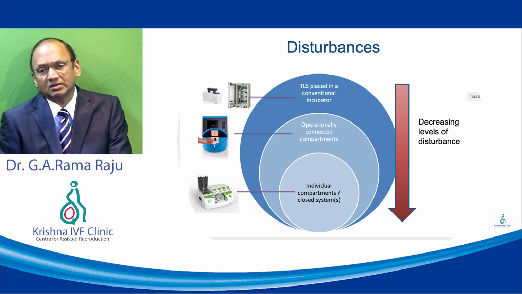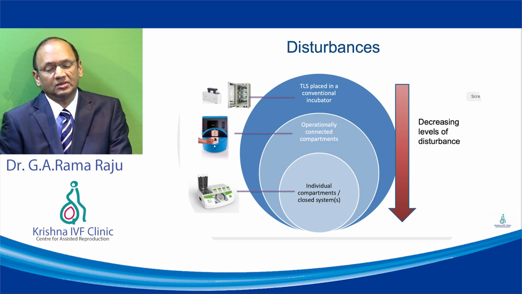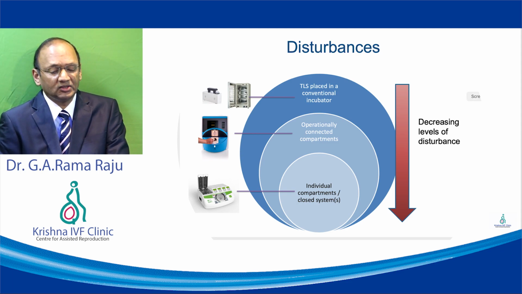You have a second system where it is kept in a compartmentalized, connected system, and you have a third system where it is individual compartments and individual microscopes for all the chambers. As this progress of improvement comes in, there is more safety. At the same time, the cost piles up from the top of the arrow to the bottom of the arrow. That should also be taken into consideration when buying a system.